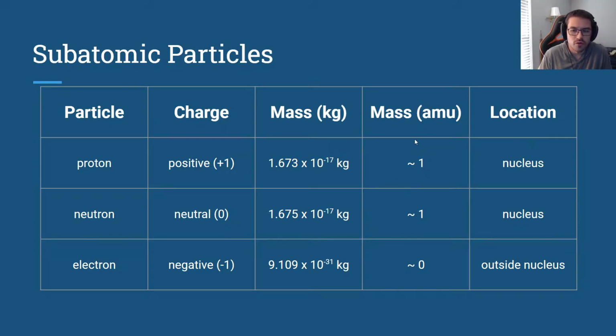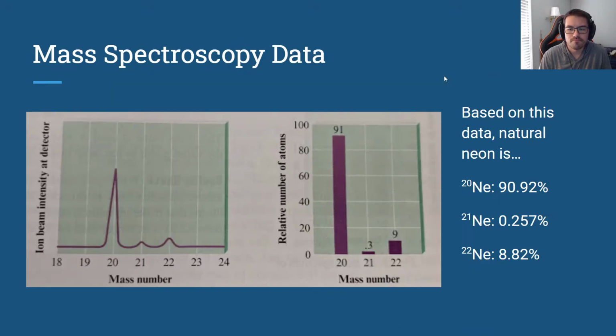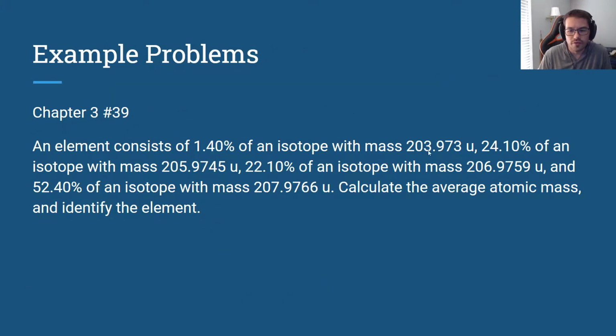Essentially, protons and neutrons each have a mass of 1 atomic mass unit, roughly. So here what this means is that this isotope that only has 1.4% presence in the sample has a mass of this many atomic mass units.